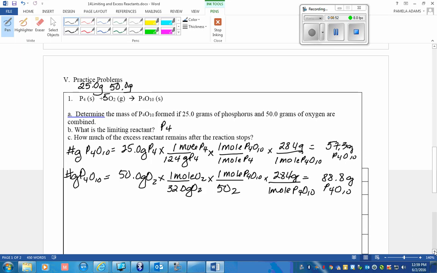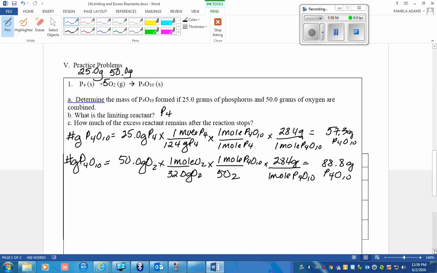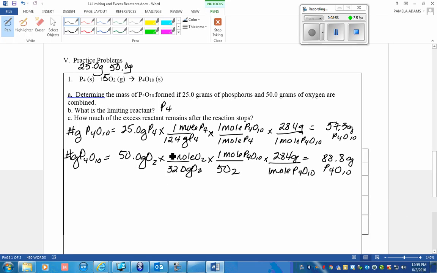They would like to know how much excess reactant, that would be O2, remains after the reaction stops. Clearly, there is some oxygen in the 57 grams of P4O10 that was formed. So of the 50 grams of oxygen that we started with, some of it is now bonded in with P to form P4O10.